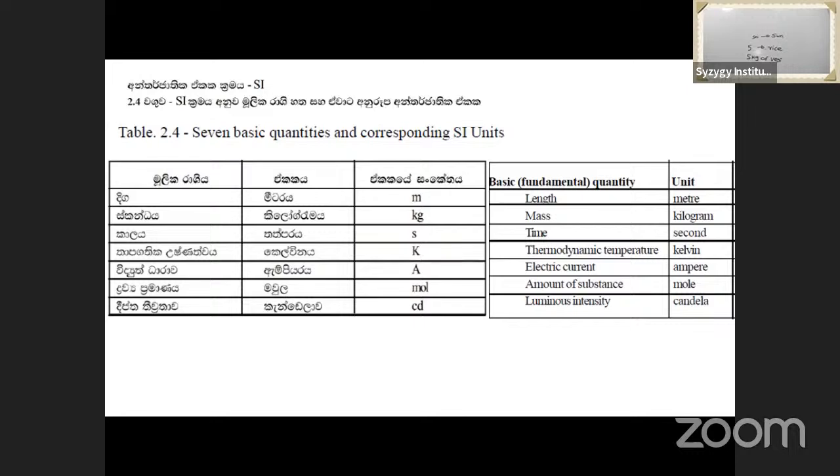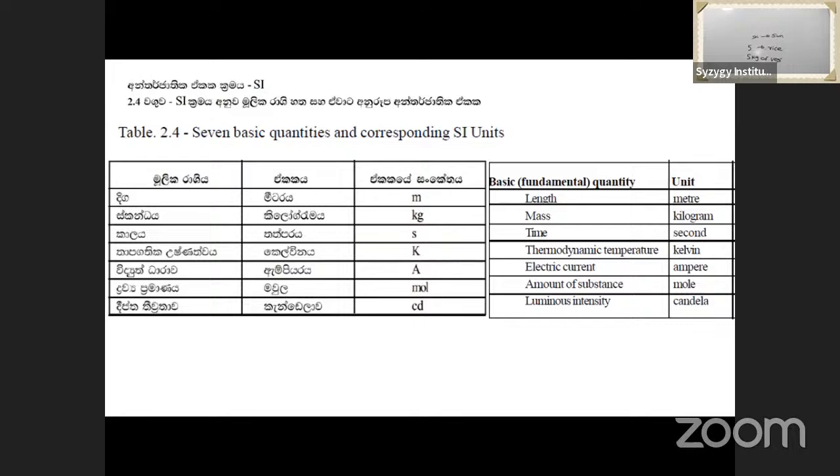Then thermodynamic temperature. In our day-to-day life, we are using Celsius. But in science, to measure thermodynamic temperature, we have to use the Kelvin scale. It's not Kelvin degree, it's just Kelvin. Celsius degrees means we have to put a small zero mark, no? But here, you just apply Kelvin.